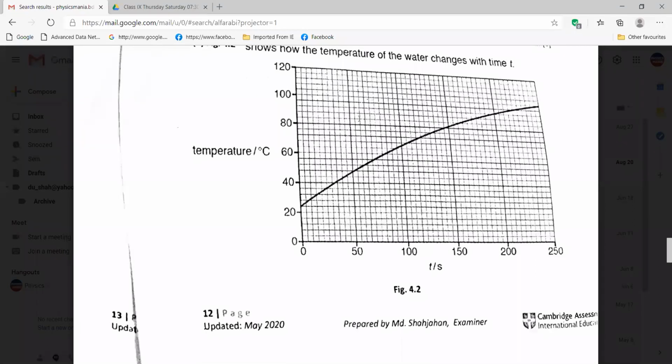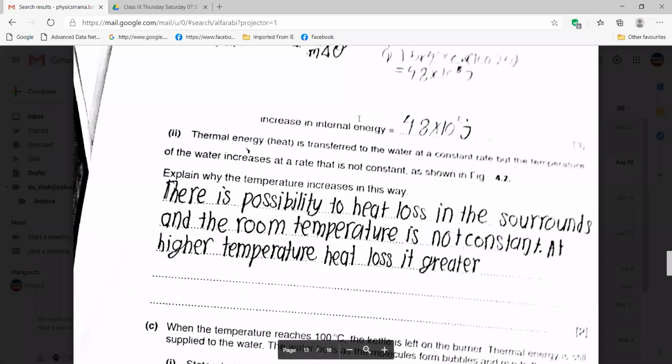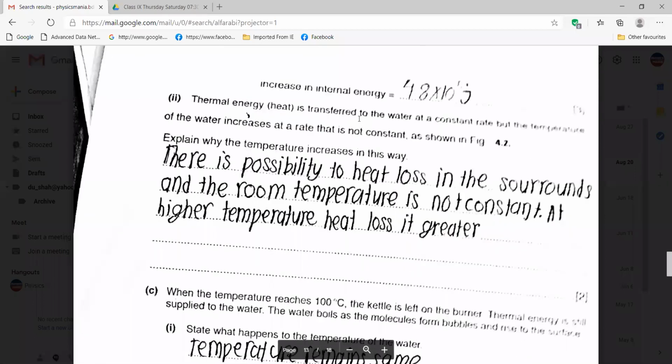It's a curved line, so with time the temperature increase is not constant. So what is the reason? The reason is there is a possibility of heat loss to the surroundings, and the room temperature is not constant. At higher temperature, heat loss is greater.